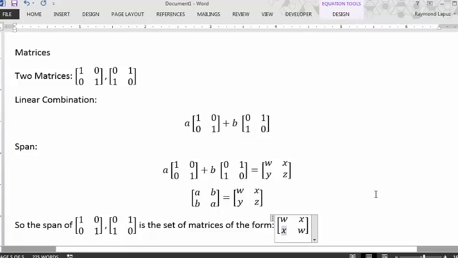The span of these two matrices is a set of matrices of the form that looks like this. So W, the diagonals are the same and the wings are the same.